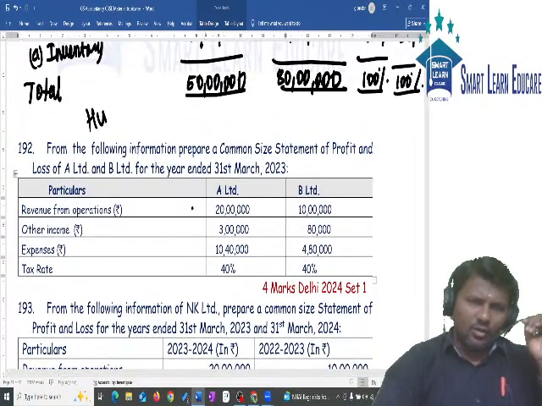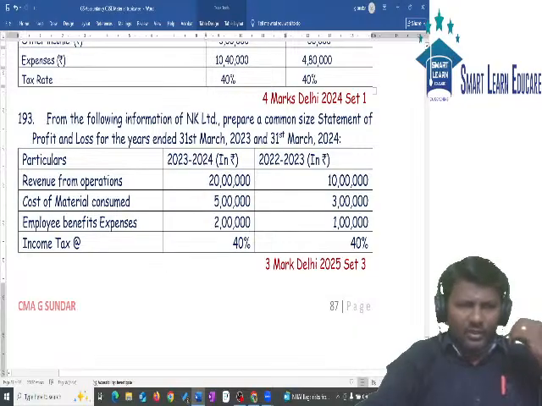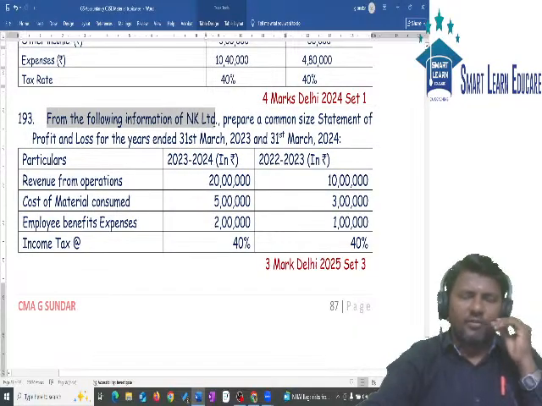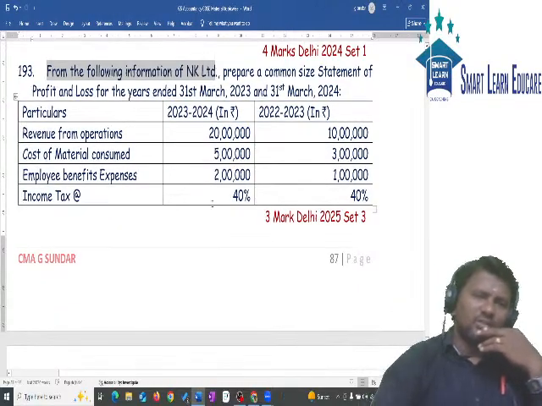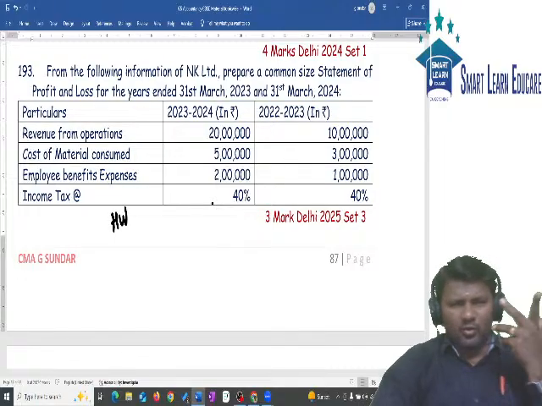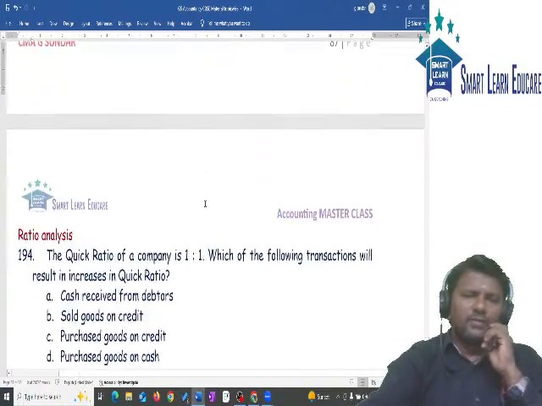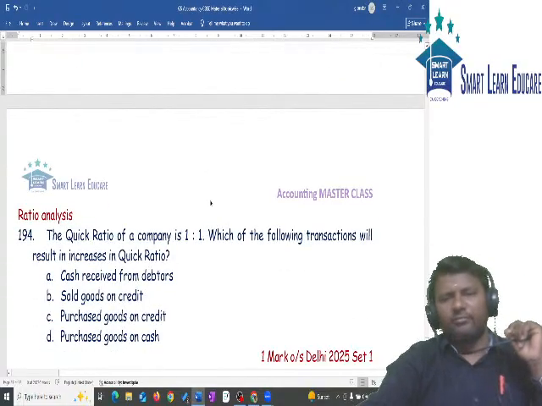Question number 192, try as homework. Also question number 193, from the following balance sheet information of NK Limited, prepare common size P&L. So these two questions you try as homework. Both are same, nothing new. Okay, so we will proceed to the next segment.